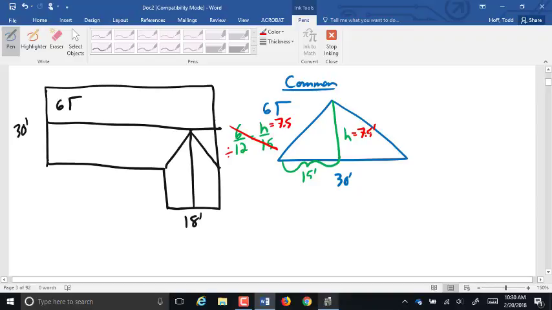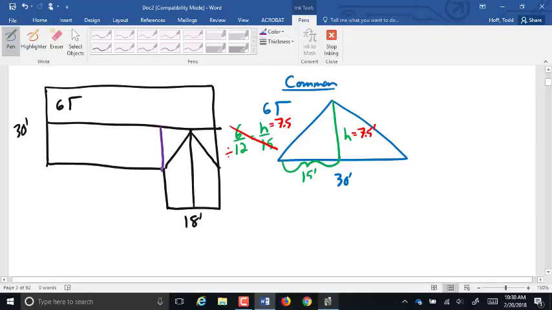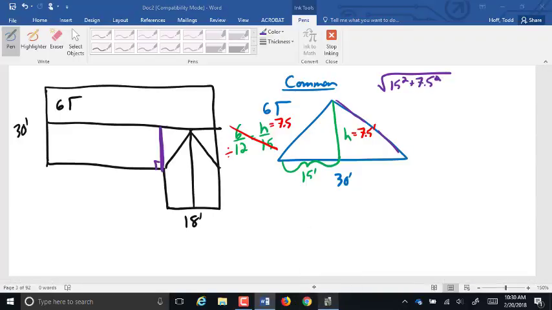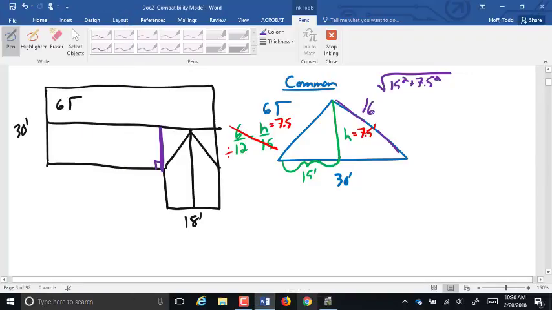So now we can find that common rafter length, which is going to be this length right here, is the square root of 15 squared plus 7.5 squared, giving us 16.771 feet.